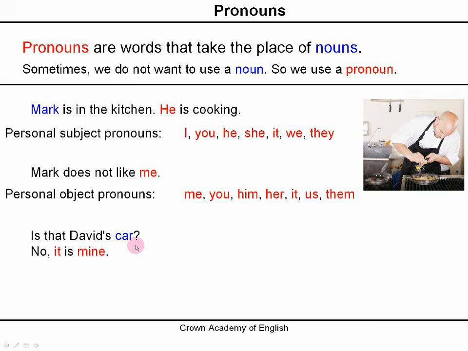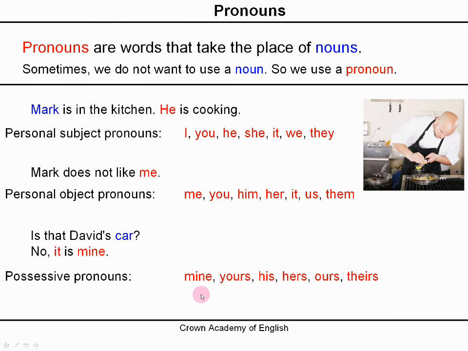It is telling us who the car belongs to, who owns the car, but it is replacing the word car. And we call it a possessive pronoun. And here are the others: mine, yours, his, hers, ours, and theirs. So these are some examples of pronouns, but of course there are many other pronouns. These are only examples.